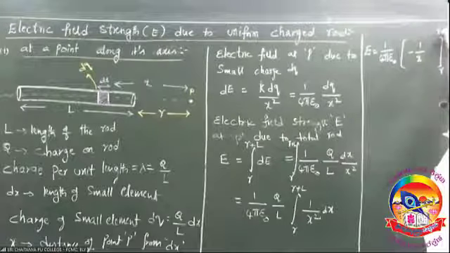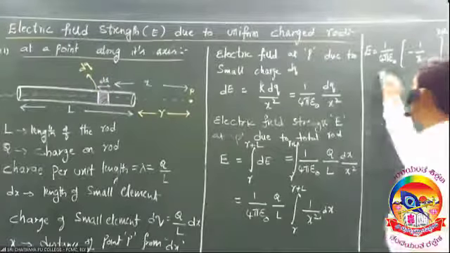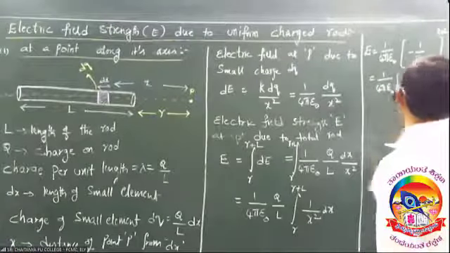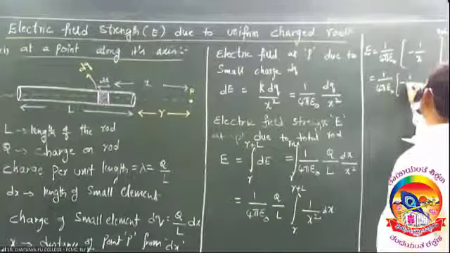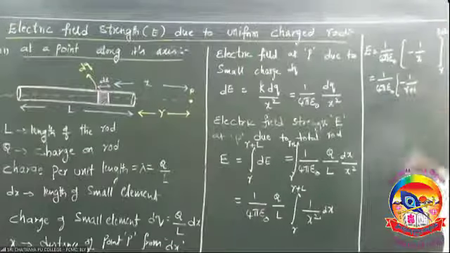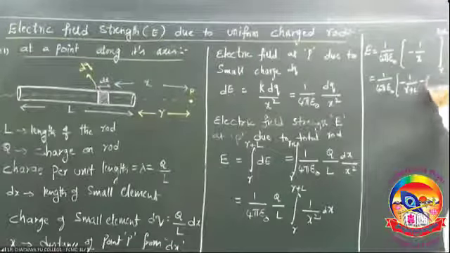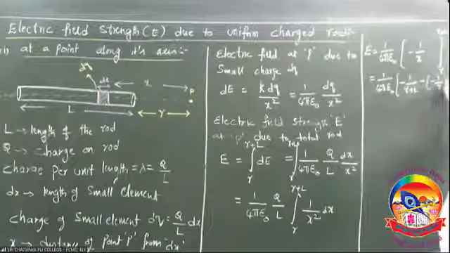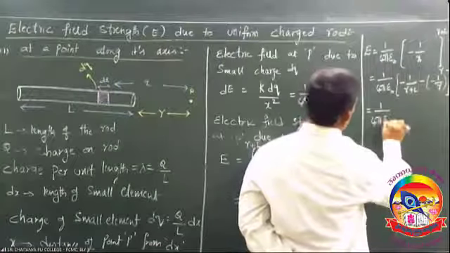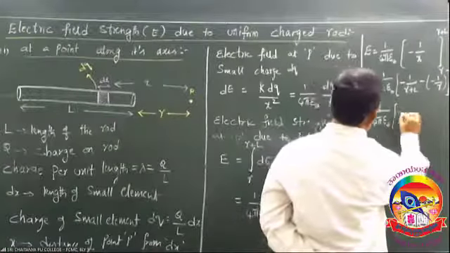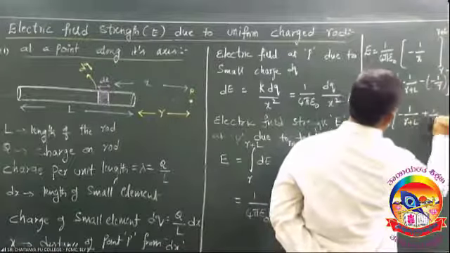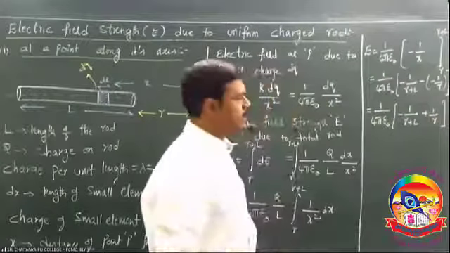R to R plus L. Okay, then substitute the limits. 1 by 4 pi epsilon naught, upper limit: in place of x, take this upper limit, 1 by R plus L, minus of minus lower limit, R. Then what happens? 1 by 4 pi epsilon naught, minus 1 by R plus L, minus into minus plus 1 by R, right?